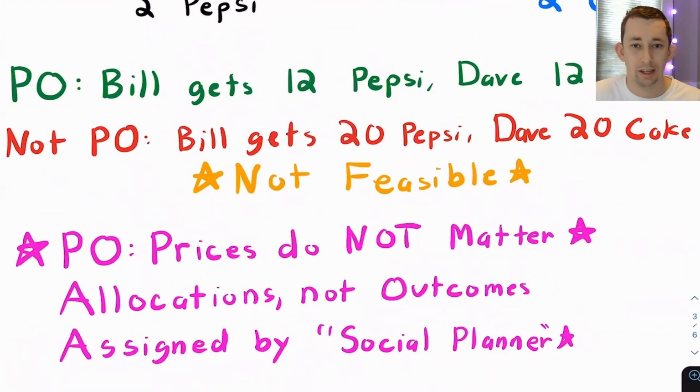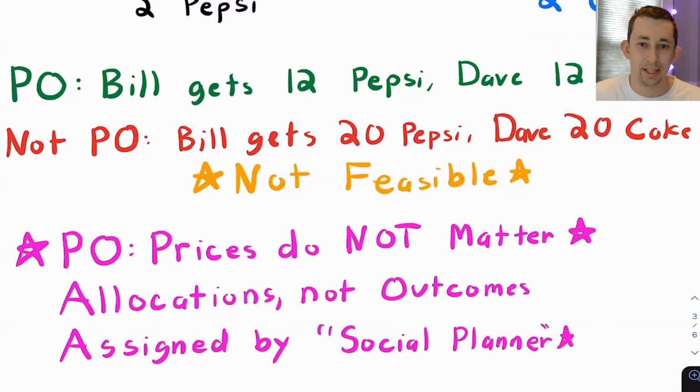Another thing I want to talk about is that throughout our entire conversation so far about Pareto optimality, we haven't talked about prices at all, and that is on purpose. When we're talking about Pareto optimality, we are not focused on prices. Pareto optimal allocations are allocations. They're not outcomes. They don't come out of a market. You can think of it as we have a social planner who is deciding how much Coke and how much Pepsi to give to Dave and Bill.